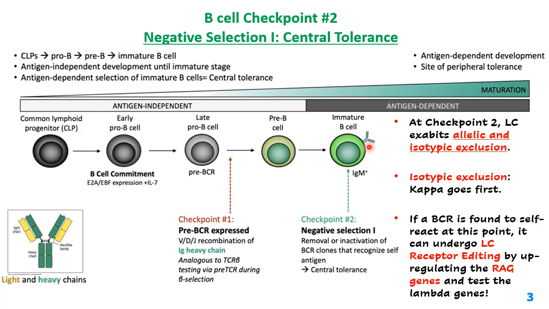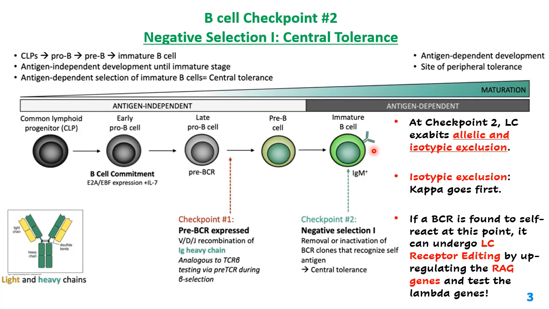At that stage, when you already have your B cell receptor, you're going to test it. You had already downregulated your RAG genes, your light chain recombination genes. But if your receptor didn't work at first, now you're going to upregulate those rearrangement genes again to try to get the receptor right using the lambda genes.